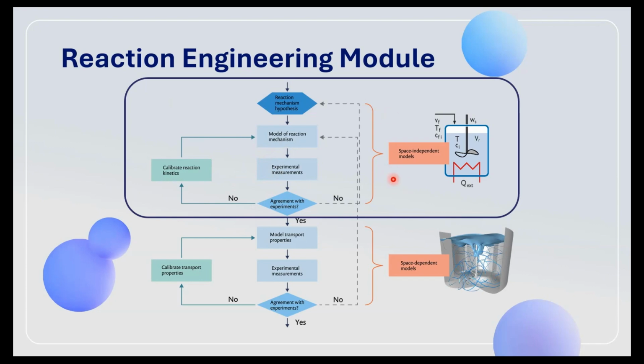This step is space independent; as I said, the only purpose is to describe the reaction mechanism. It means we are not applying any reactor geometry or considering the type of reactor. After that, we can add a space: the geometry and dimensions of the reactor.